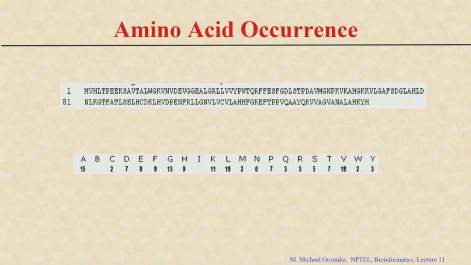Now, this is a real amino acid sequence, this is a protein. If you see this amino acid sequence, how many times does A occur? 15 times, right. If you look at the occurrence of different amino acid residues, some amino acids occur very frequently. What are other amino acids which have high occurrence?